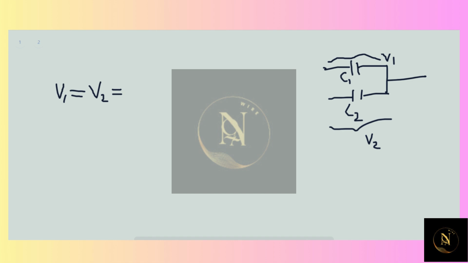So V1 equals V2, and V2 can be written as Q2 divided by C2 from the definition of capacitance.